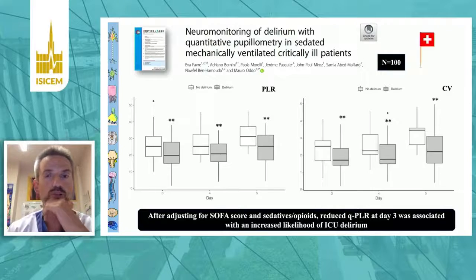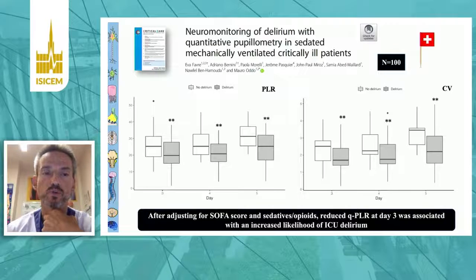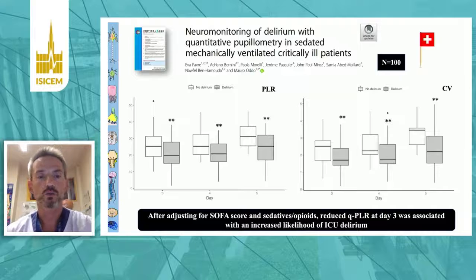Again, to present you some data, this is a study from Switzerland, with 100 medical patients with mechanical ventilation, followed and monitored by automated pupillometry. You can observe a lower pupillary light reflex constriction rate, and lower constriction velocities, in patients subsequently developing delirium when compared to patients without delirium.